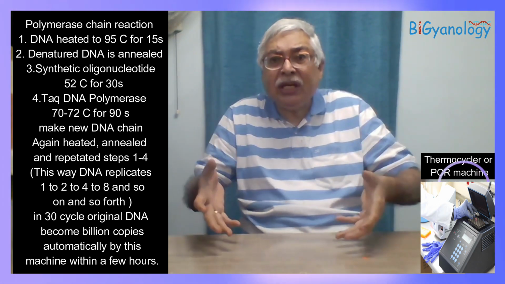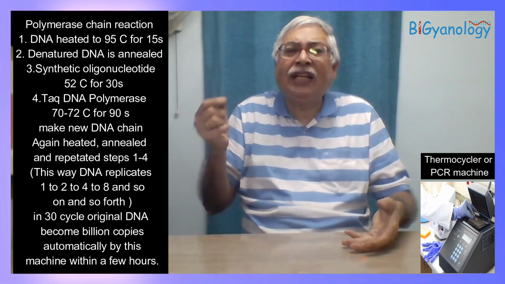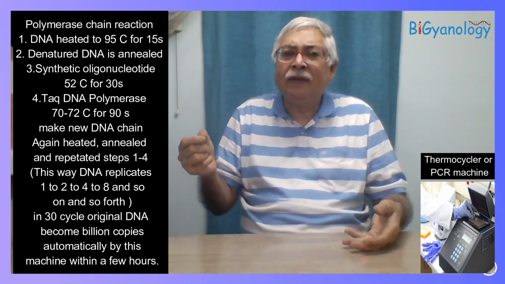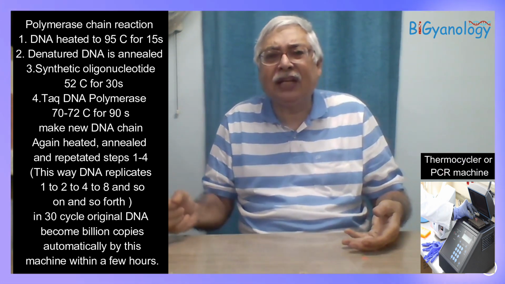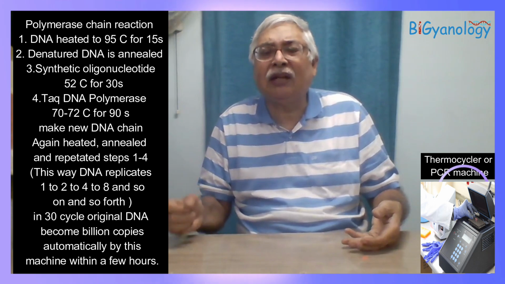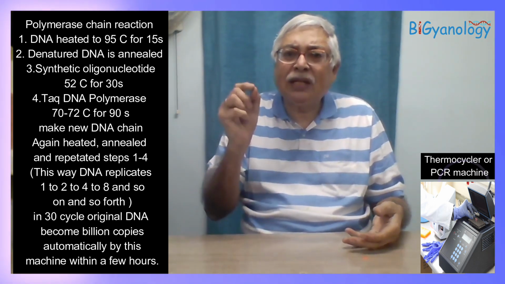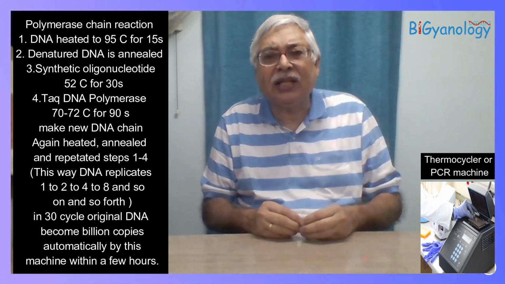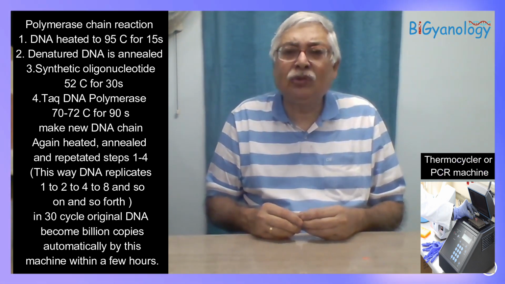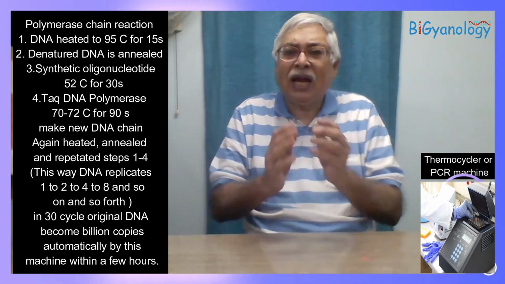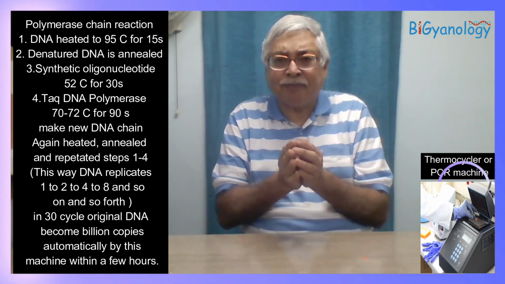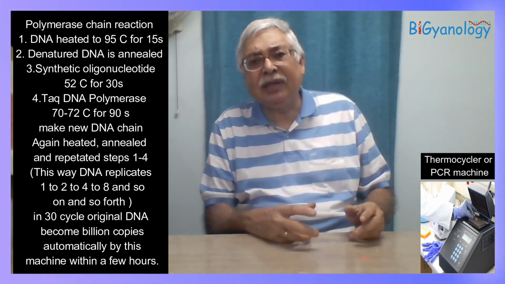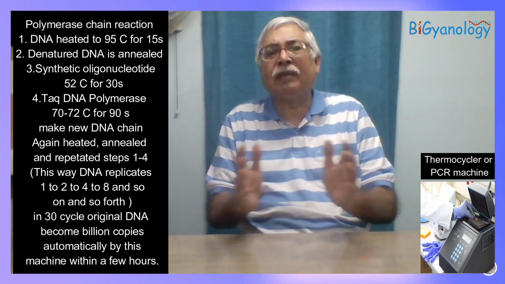Now we have a machine where we put any DNA, even nanogram DNA from a fingerprint or from any cell where a murder happened, the murder victim's skin or blood. From there we get nanogram DNA. We just put it in a machine known as the PCR machine, which does the polymerase chain reaction, and DNA is heated up. In the case of helicase, it opens up DNA, but in this case heat opens up the DNA.